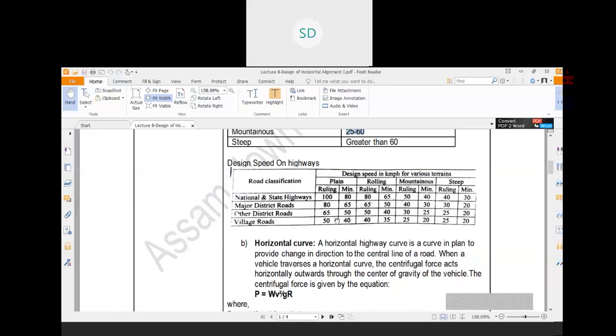Another thing you can notice here: for plain terrain, two values of speed for the same highway are mentioned, one is ruling and one is minimum. Minimum means the minimum speed which you have to provide, and ruling means the desirable speed you want to provide. These are the different design speed considerations for different types of highways based on the terrain conditions.